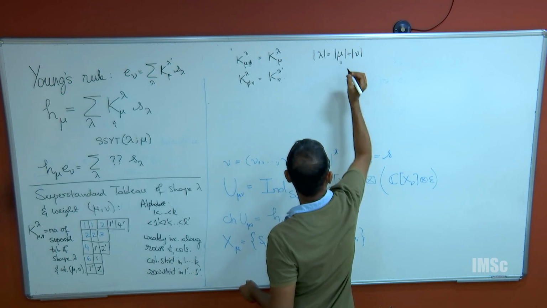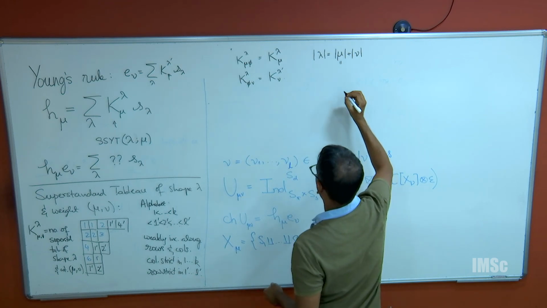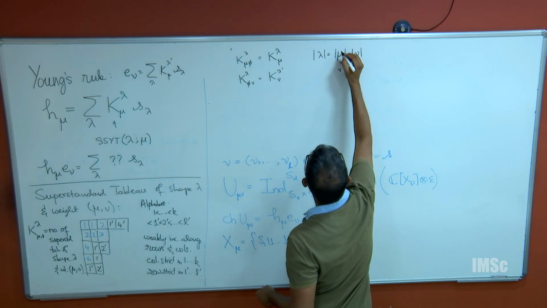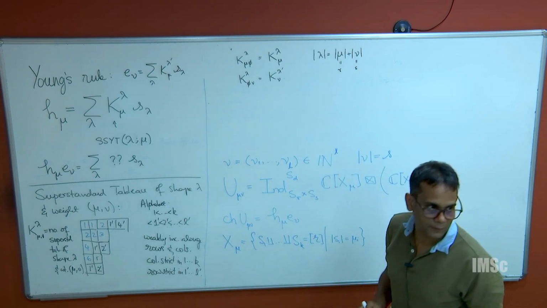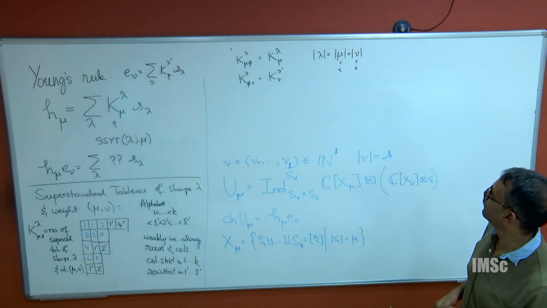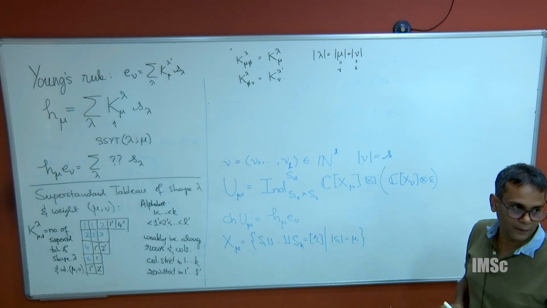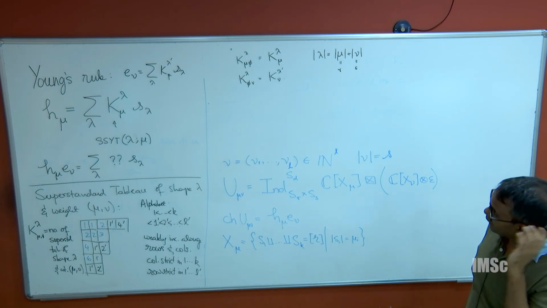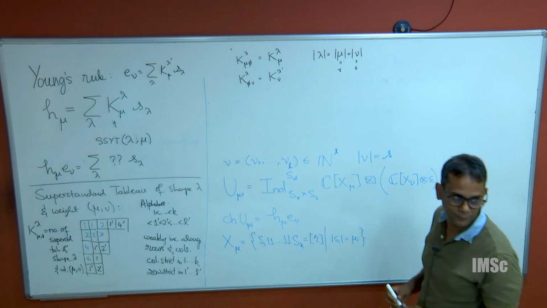And this one was r and this was s, and this had k parts and this had l parts, and totally the size is d, where λ is a partition of d.